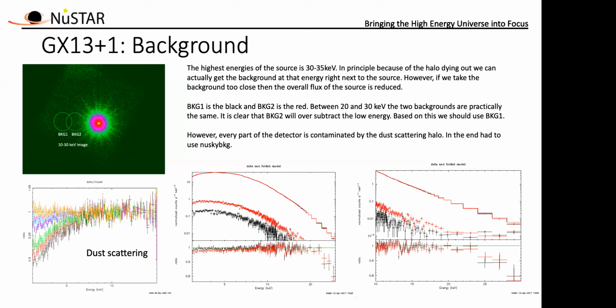The reason is that at that point the source is gone. The source only has photons out to about 30, 35 keV, so I'm no longer collecting source, just background. So the background definitely depends on where I take it. In the end, I had to do the NuSTAR background. I could not take a local background from the source itself. I had to take it from somewhere else.